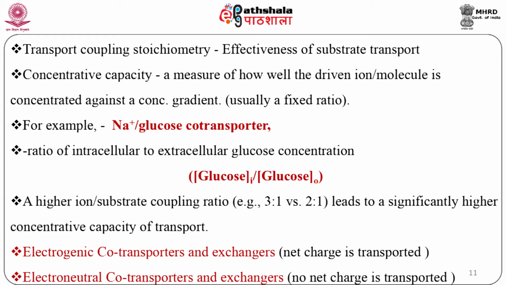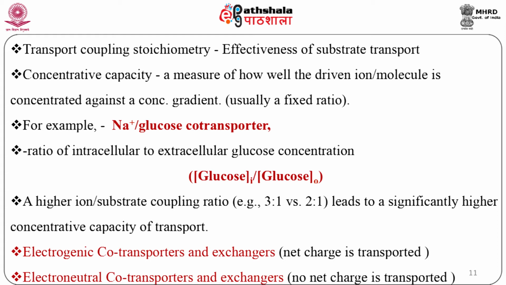This ratio indicates how well the Na+ glucose cotransporters can move glucose inside of the cell against the concentration gradient. For any given transporter, the coupling stoichiometry is usually a fixed ratio. A higher ion or substrate coupling ratio leads to significantly higher concentrative capacity of transport.